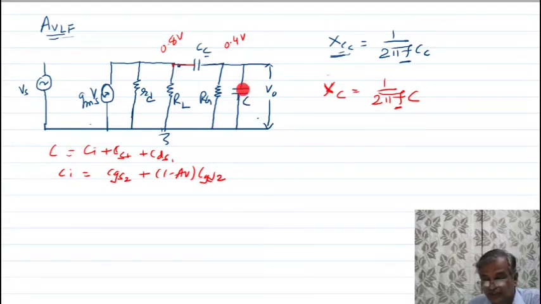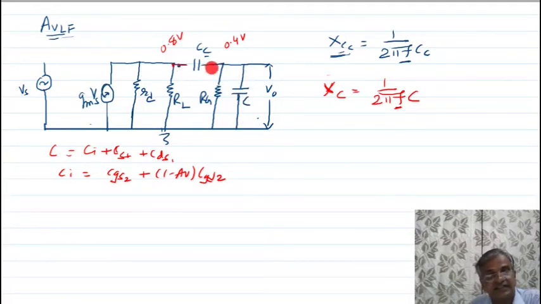So this does not affect the output voltage at low frequency. If it does not affect the output at low frequency, this can be neglected. This one affects the output, so I have to consider it. This does not affect because its reactance is very large and it is in shunt.